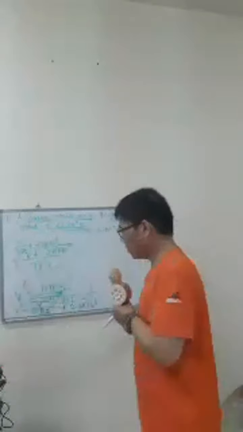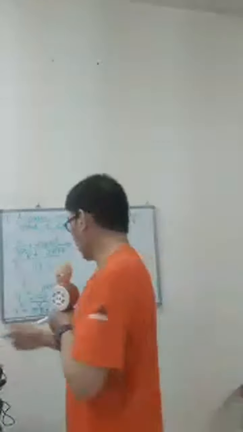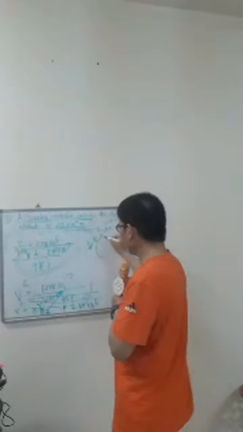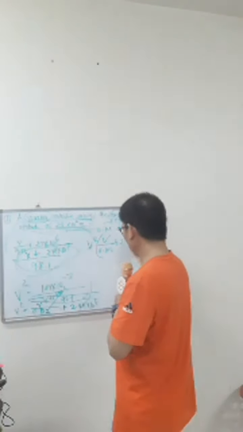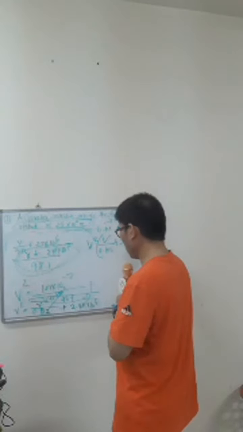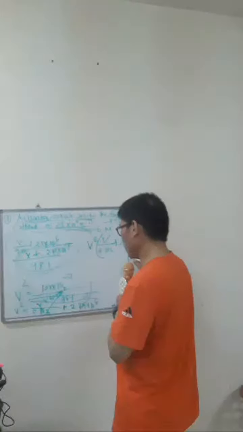Now this is algebra, guys, a linear equation. V squared times V over 0.102 plus 2.49 times 10 to the 6 equals 1.00 times 10 to the negative 7.